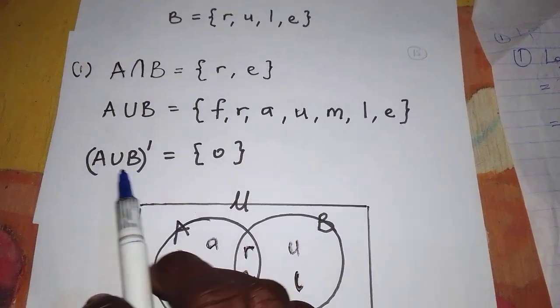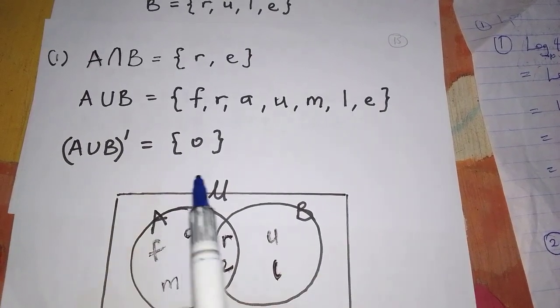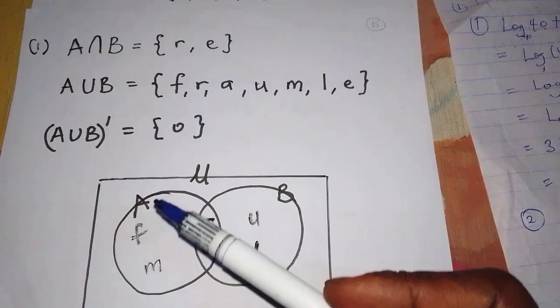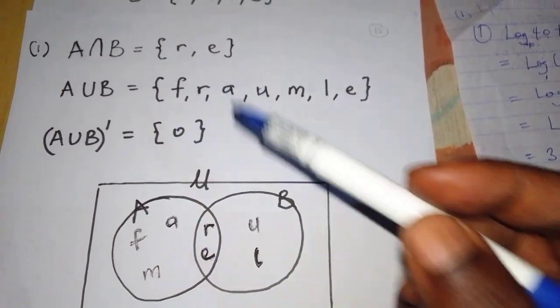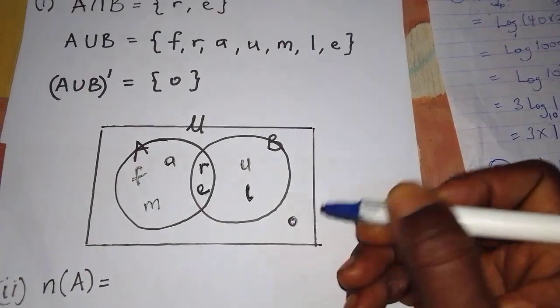Then A union B complement will be what? Outside these two sets, but inside the universal set. So that means O will be outside the two sets. So that one will be outside here.